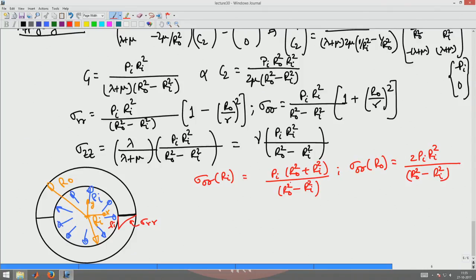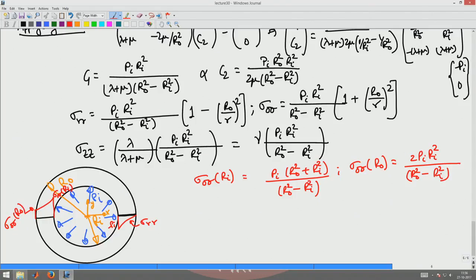You can see that it decreases from the value at the inner surface to the outer surface, but it is not 0 and it is positive throughout the domain, okay. So, sigma theta theta will vary like that, wherein this is sigma theta theta at Ri and this is sigma theta theta at R naught, okay.